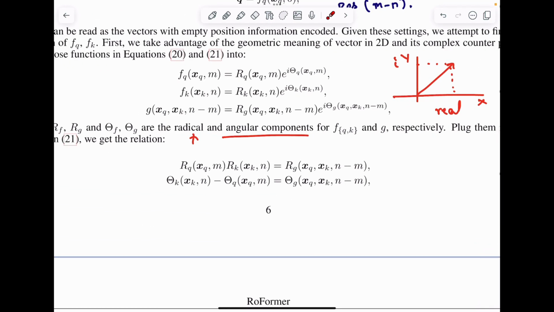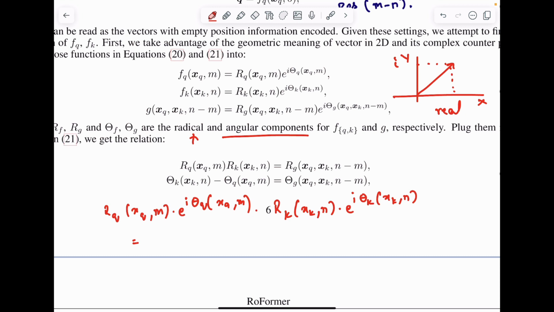So when we take the dot product, this will become rq(xq, m) times e^(iota theta q(xq, m)) multiplied by again rk(xk, n) and theta k(xk, n), which will be equal to this particular value here.